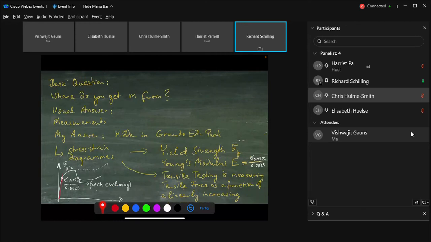Therefore, I try to find a shortcut for them, and I found this in Granta. The shortcut is as follows.